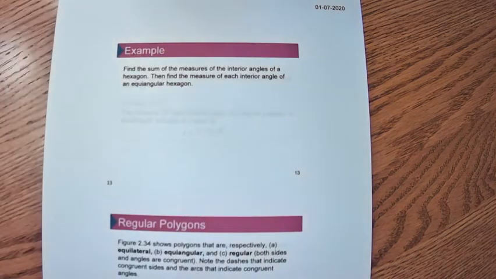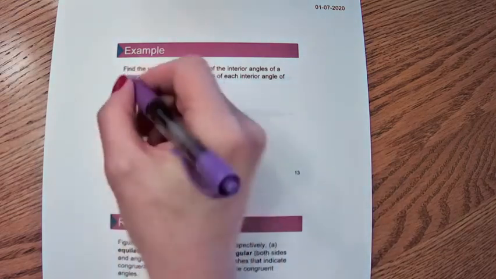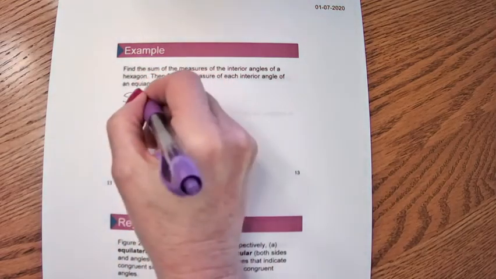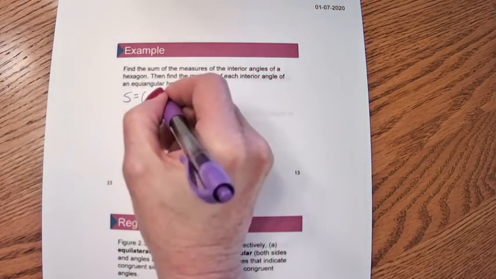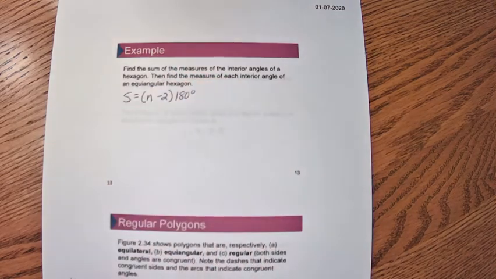So in this example, they want us to find the sum of the measure of the interior angles of a hexagon, and then find the measure of each interior angle if it's equiangular. All right, so the sum is going to be the number of sides minus 2 times 180.